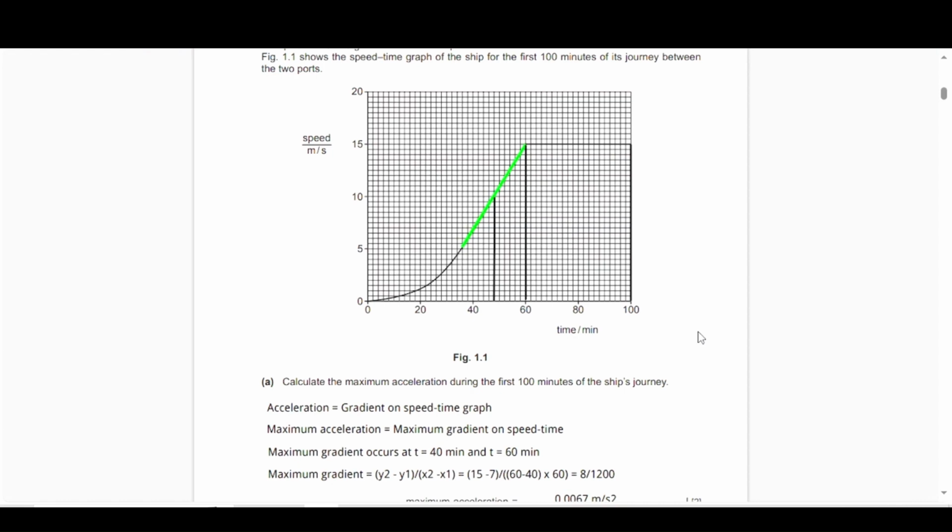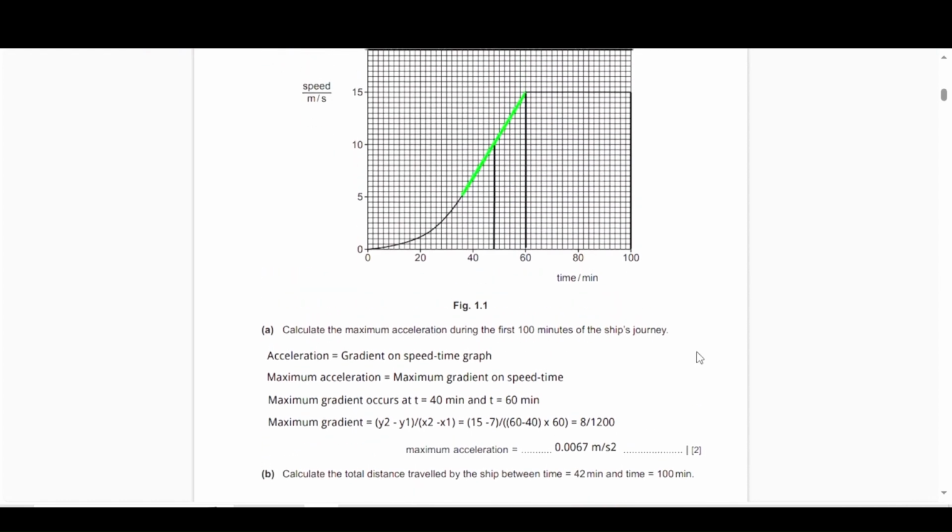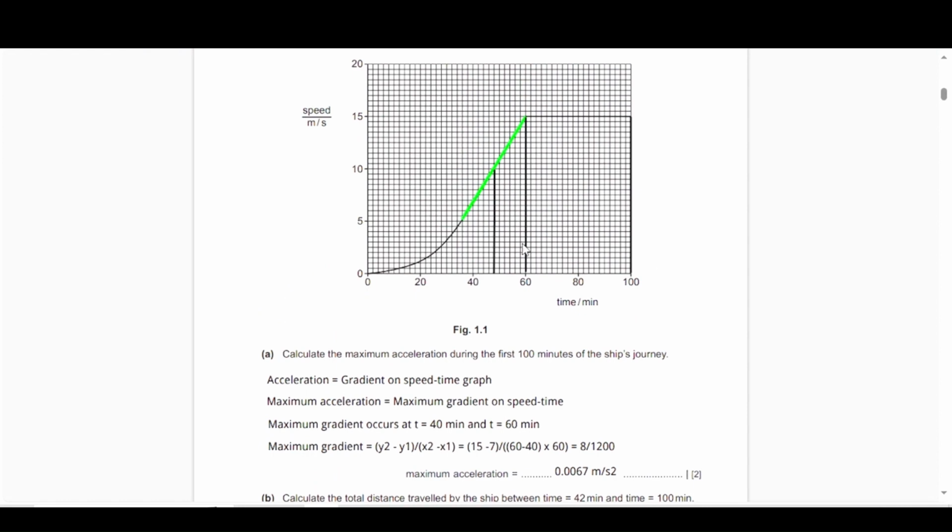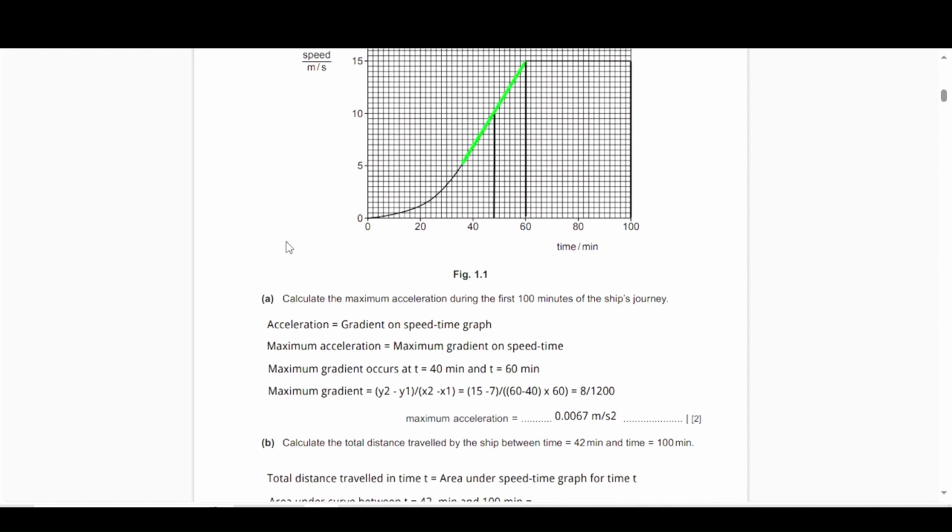And what have I done? I've basically said 15 minus 7. I'm trying to keep the speed in meters per second units, because at 60 I've got a speed of 15. At 40, the reason I picked that is that it gives you a nice value, so you've got 7 there. Each of the units on the y-axis is 1 meter per second. And I've essentially converted the time in minutes into seconds.